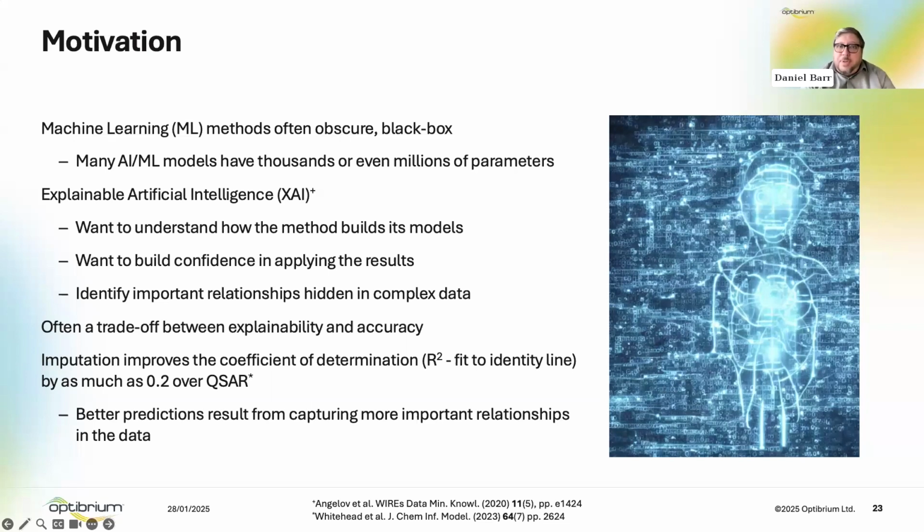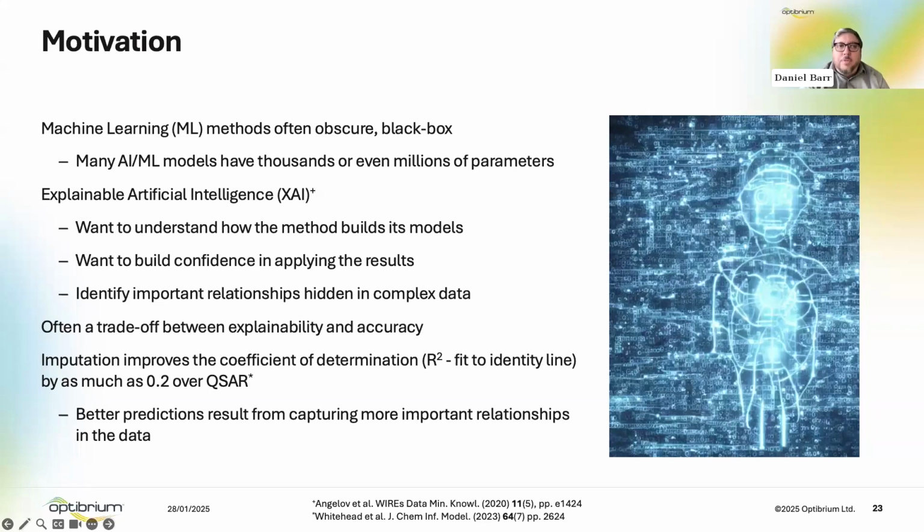One of the big benefits of explainability is that we can understand what the model is doing in a way that gives confidence in the results. And as Matt has just been speaking to us about, these explainable approaches will help us to identify the important relationships that are hidden in our complex data. This is where these methods really excel, and we'll look at some examples of that through today's case study.